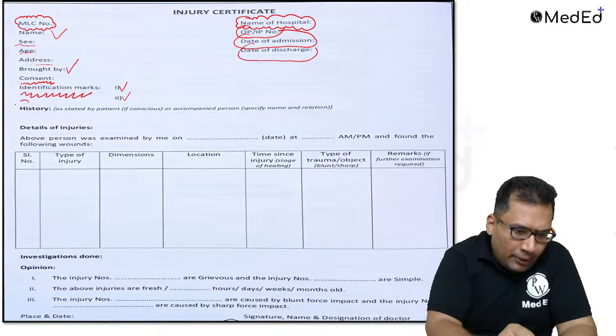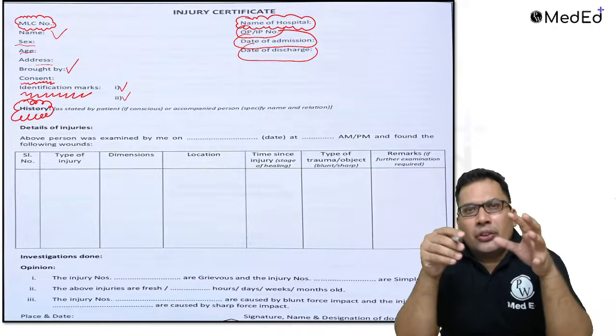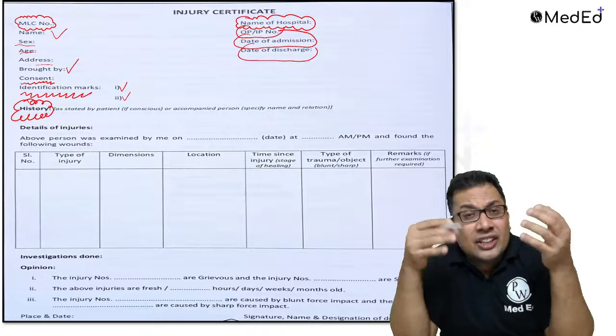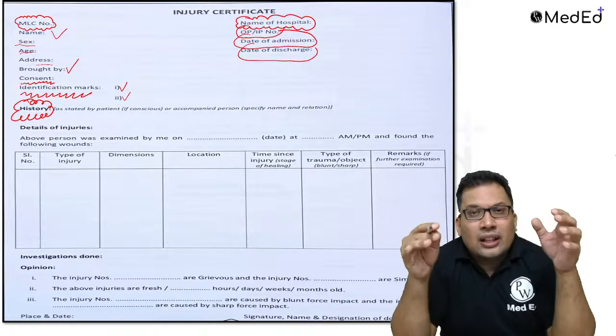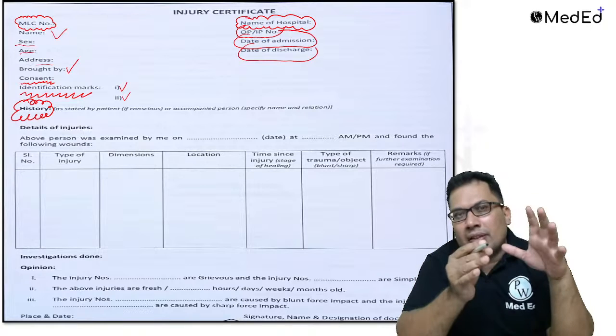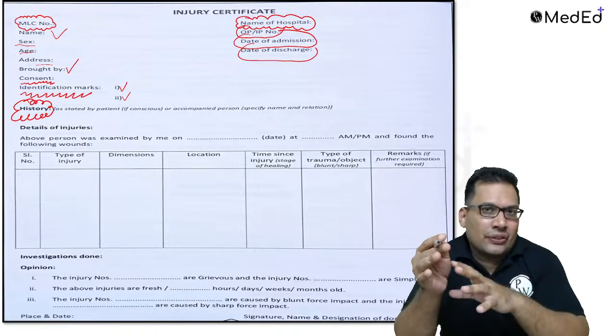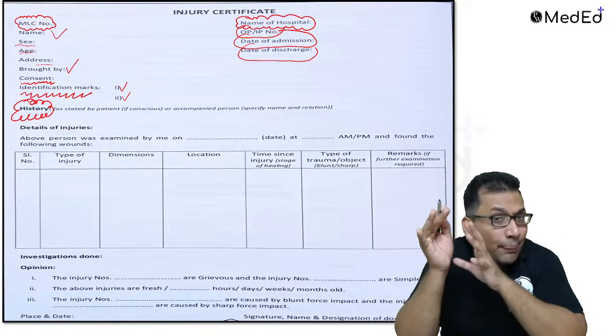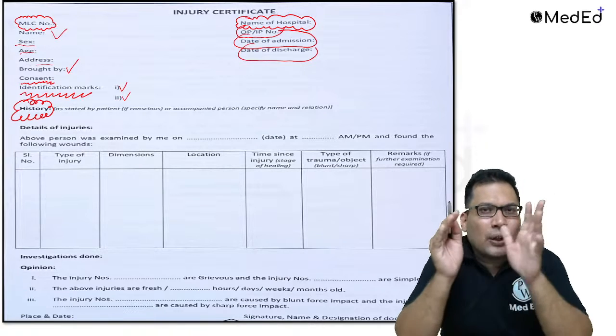Then briefly the history. In the history, you can write the words alleged history. Alleged history of road traffic accident at a particular place, particular time, and a particular date, that you can mention.